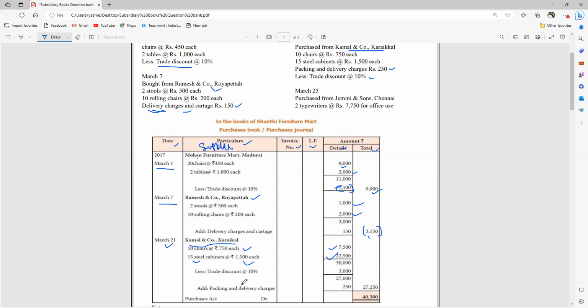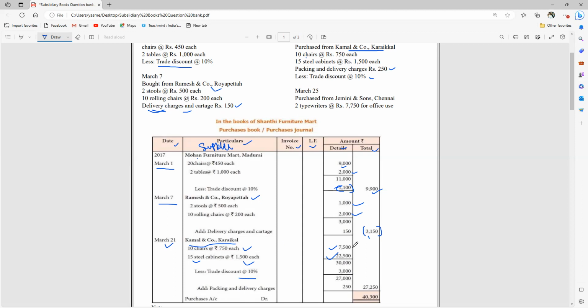Okay, but here it is not like that. Delivery charges are incurred by us, the 250 rupees, to bring this chair and steel cabinets to our office. The discount given by that supplier to us is 10%.